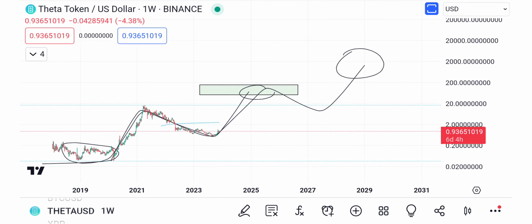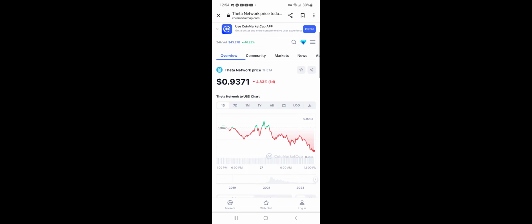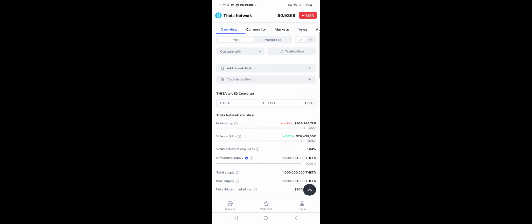So, Theta, $100 is nothing compared to the true potential of where we're going, right? So looking at the price of Theta on CoinMarketCap, we see that it is, say, about $1 billion, right? So the circulating supply is 1 billion, and the market cap is 1 billion, right?